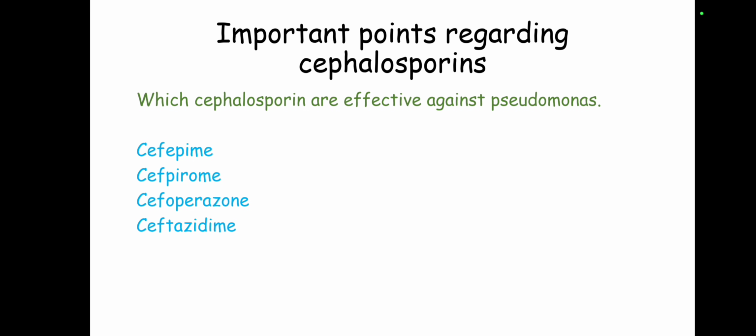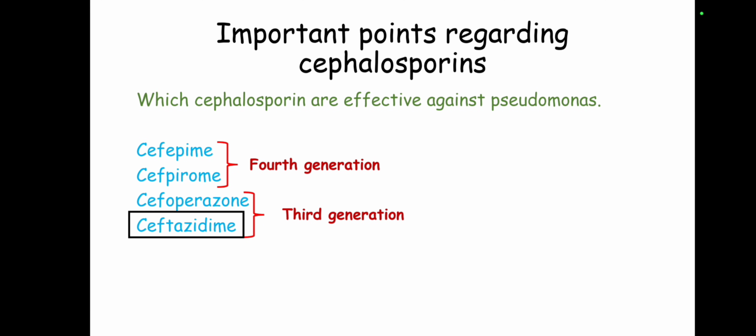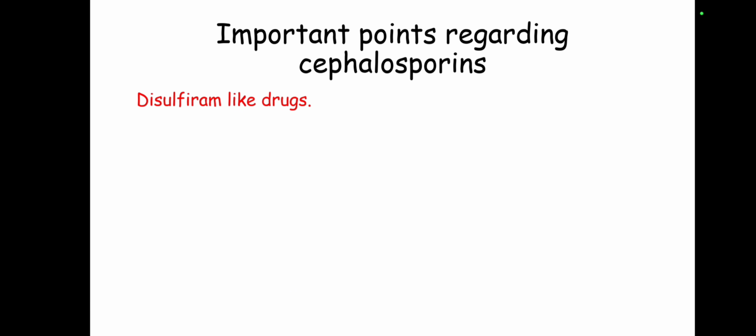You can see the first two drugs belong to the fourth generation since they contain PI, and the other two belong to the third generation since they end with IME and ONE. These are the four drugs which are mainly effective against pseudomonas, and among these, ceftazidime is the most effective against pseudomonas.